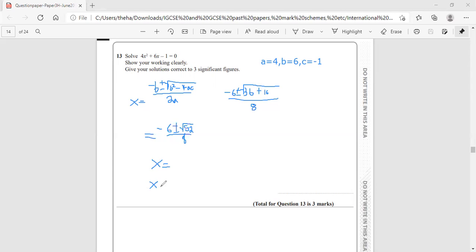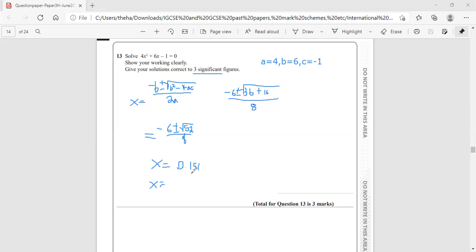So when it is plus square root of 52, you should get, and by the way, you have to put this to three significant figures. You can see that there, three significant figures. So what you get here will be 0.151, and that's to three significant figures.